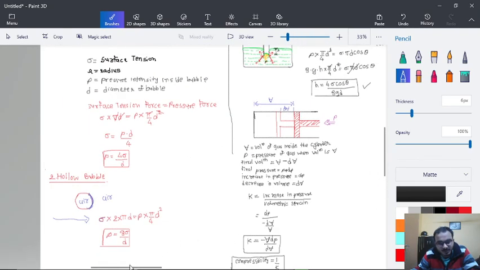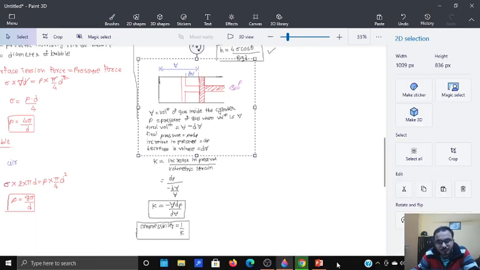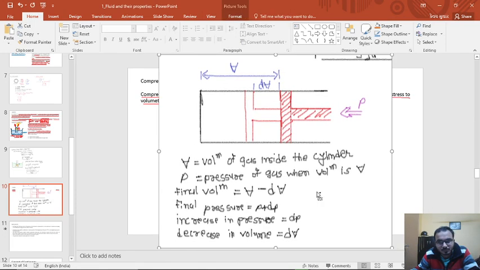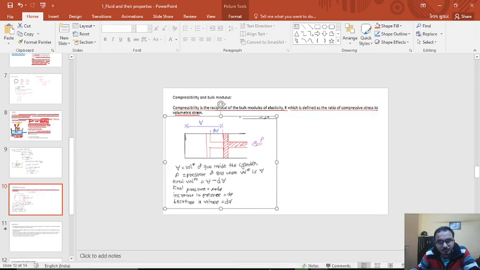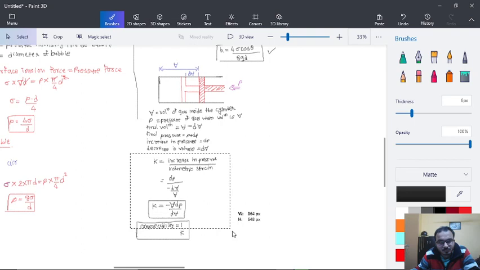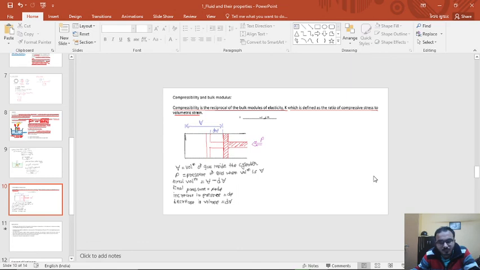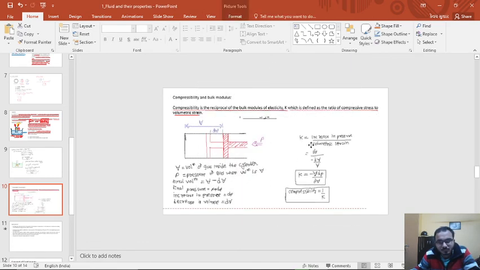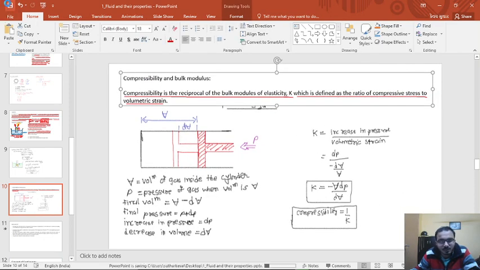So let's copy this part. Here we have derived the formula for compressibility and bulk modulus.